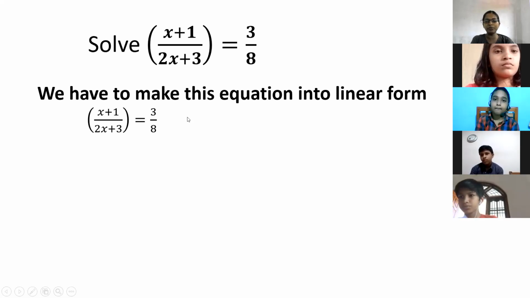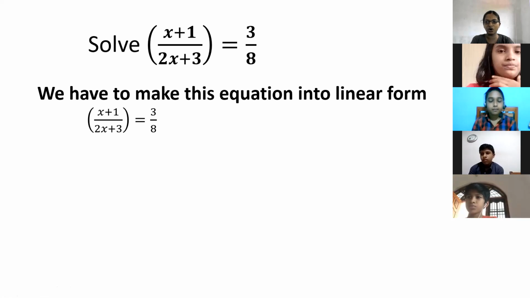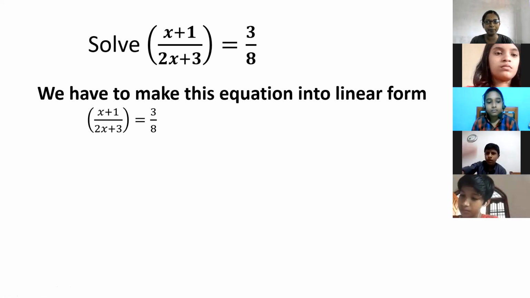What happens when we move a denominator into the RHS? As we know, the denominator is a division, and now we are going to move this division to the RHS. Division becomes multiplication.